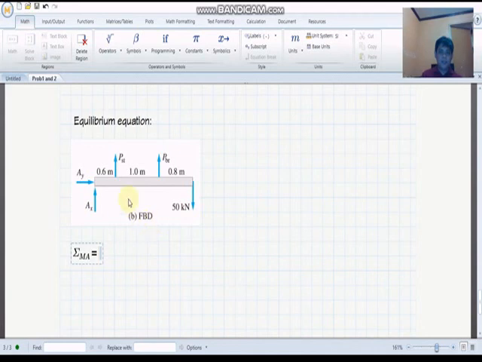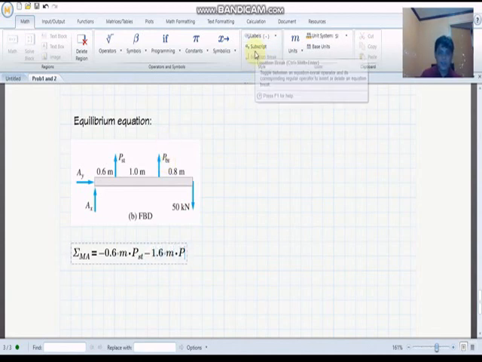Okay, so our PST will produce a counterclockwise moment, therefore this will be negative, so we have 0.6 meters times PST. Also our bronze will produce also a negative, minus 1.6 meters times the force in the bronze, and then finally your 50 kilonewton will produce a clockwise moment.